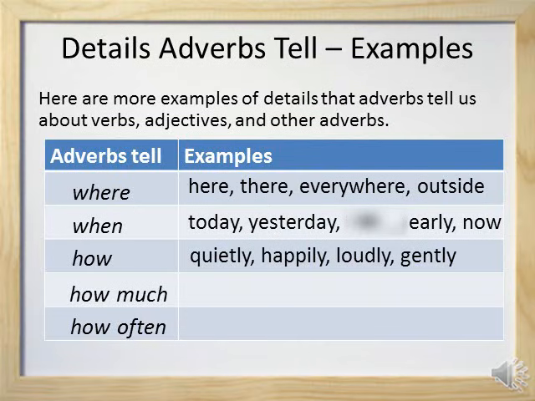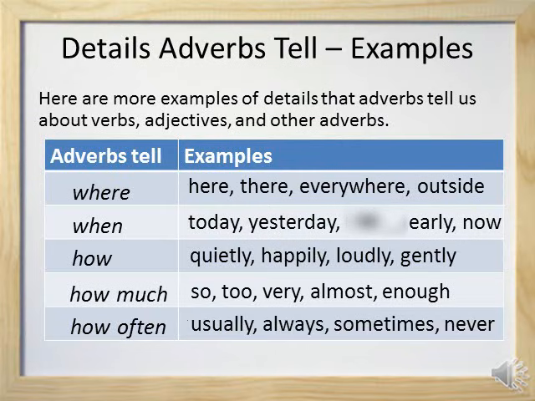How? Quietly, happily, loudly, and gently are all examples of adverbs that tell how something was done. How much? So, too, very, almost, and enough are all examples of adverbs that tell how much or how.